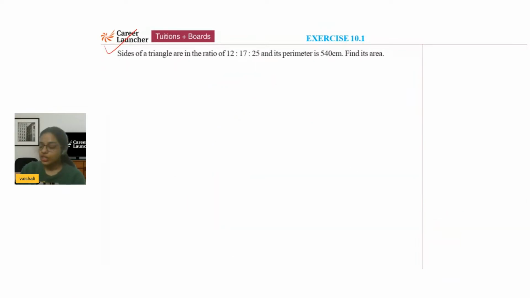Now the next question is, the sides of a triangle are in the ratio 12, 17 and 25 and the perimeter is given. So what if I am assuming that A is 12x, B is 17x, C is 25x. So now you know what is the length of each side. So you can add all of these.